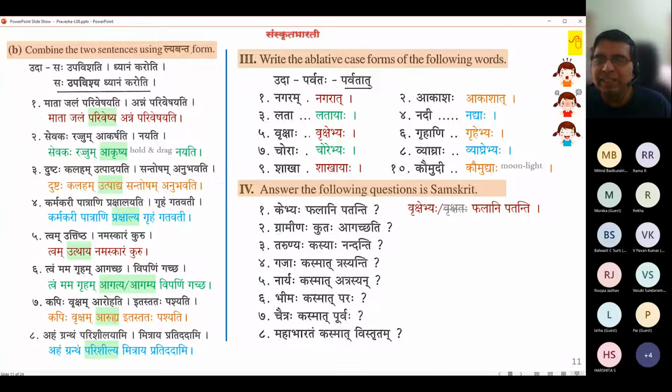That is the deficiency of tasil pratyaya. You cannot go vrikshatah. There is nothing like a plurality source in tasil. It is like a singularity source. So you are forced to use vrikshebhyah when you go to bahuvachana.